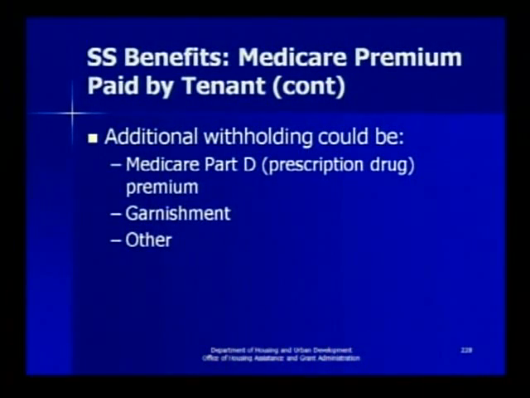And many of these items you would not include with the $96.40 to arrive at your annual medical expense amount for your 50059. Some items you would, but that's why it will take some research on the owner agent's part and assistance from the tenant to determine exactly what that difference is.